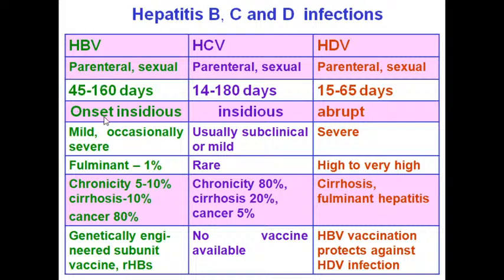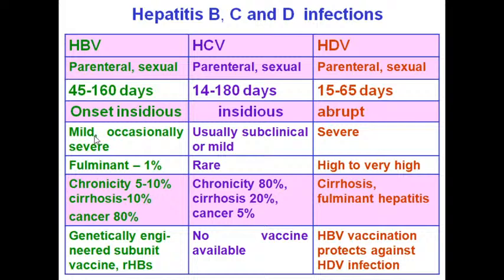Usually hepatitis B and C viruses cause diseases with an insidious onset, and only D causes an abrupt onset of the disease. It causes more acute than chronic infections.